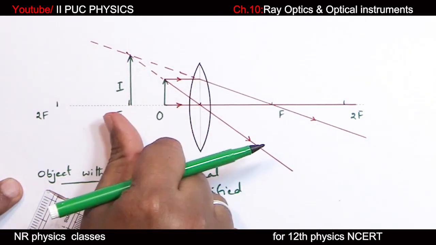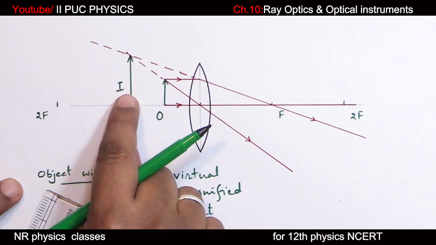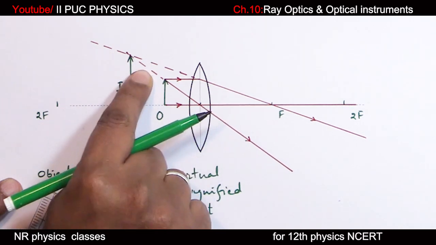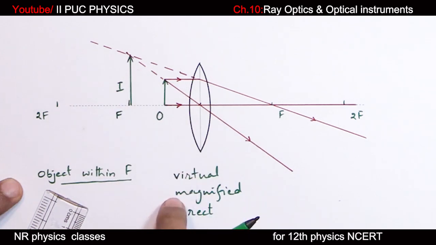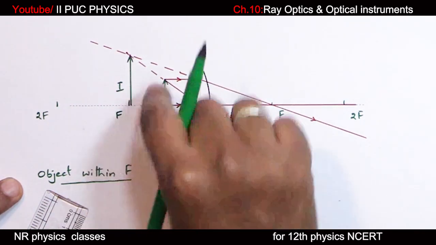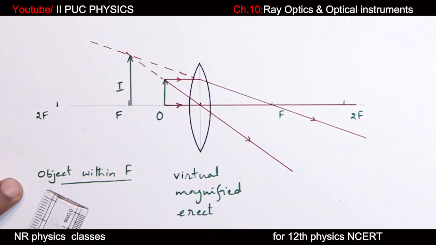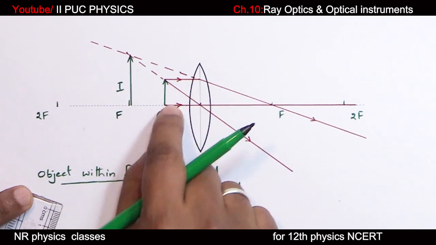The image is not inverted, it is erect. Virtual, dotted line, magnified, bigger, and erect. It is not inverted. It is not upside down. So this is the nature of the image when object is within F.